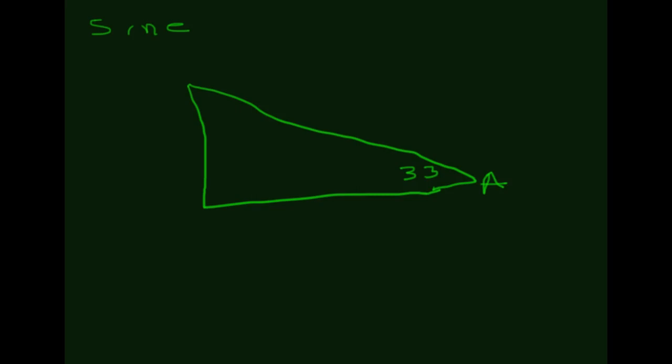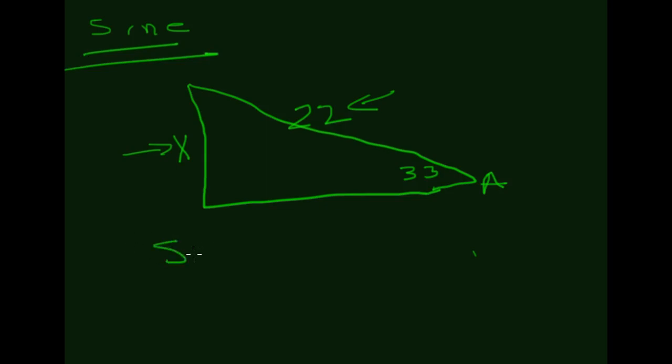Not that much different, but we're going to have different sides involved. So we're going to say that this side is the unknown, and the hypotenuse now is 22. So because I have the opposite and I have the hypotenuse, this brings up the sine.